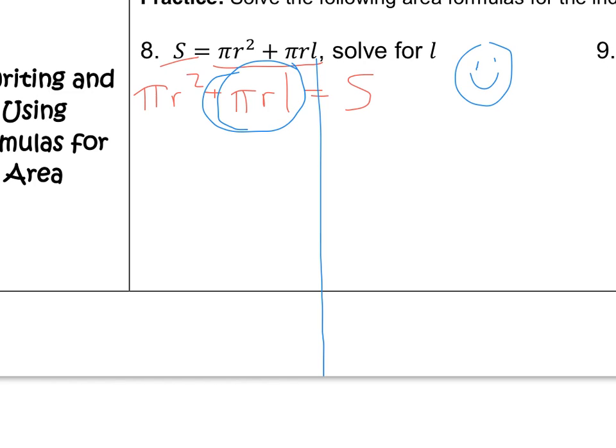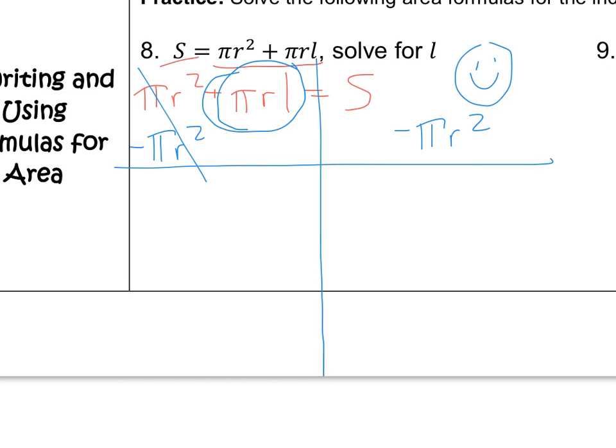Now I have to move. Put your finger over that pi RL. That's what has to stay. And it makes it very obvious that pi r squared is going to have to be moved. So I'm going to say opposite of positive pi r squared is minus pi r squared. And I know that pi r squared is not a like term to S, so I'm going to put it over here and bring it down.